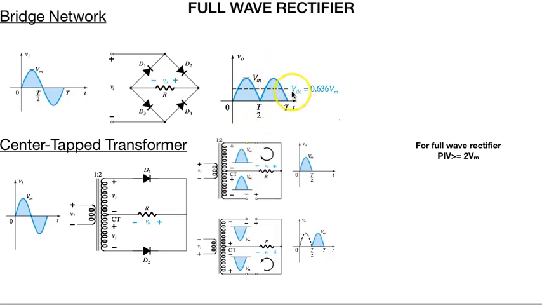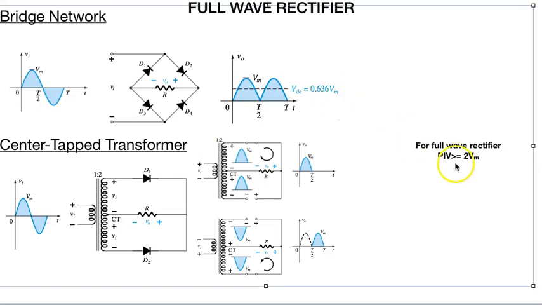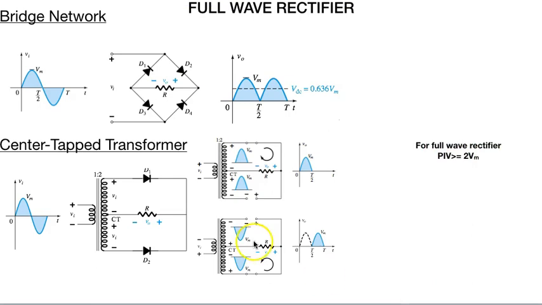The signal becomes positive with VDC 0.636 of Vm. For a full wave rectifier, the peak inverse voltage is 2 times Vm.